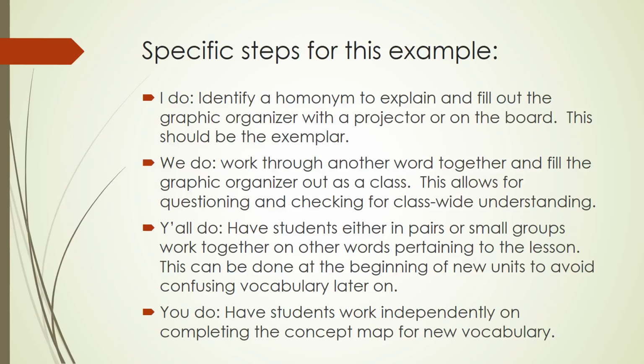And in the you do section, this is where students have the opportunity to work individually and independently on completing the concept map for new vocabulary. This is where students have the opportunity to practice on their own and develop the confidence to do so when a new situation with a homonym or false cognate arises.